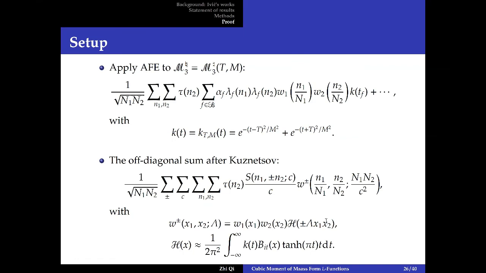For convenience of notation, I'm going to write the whole smooth analytical part as this W plus minus X1, X2, and lambda. And lambda is essentially the size of the argument in the Bessel integral.